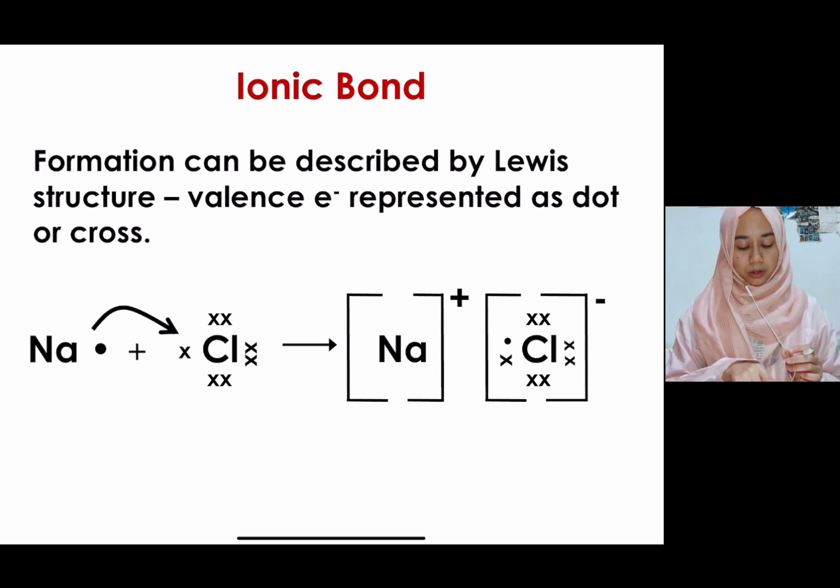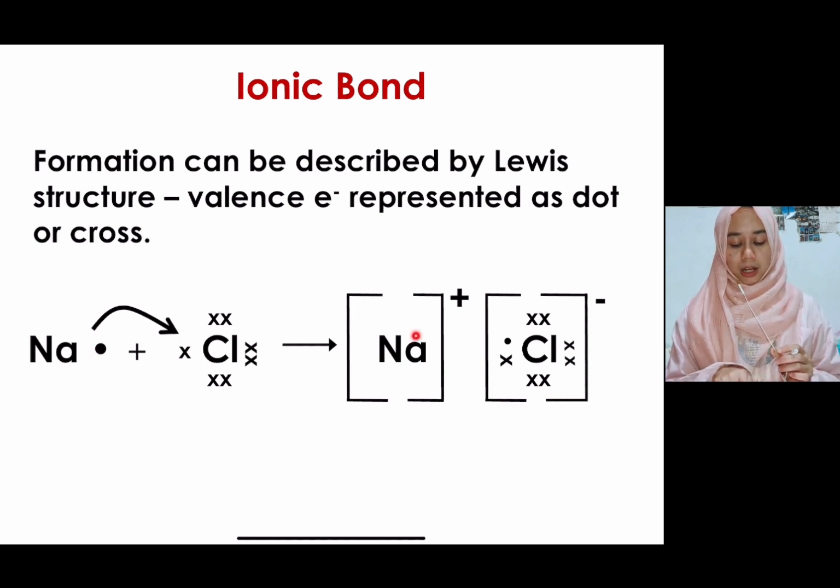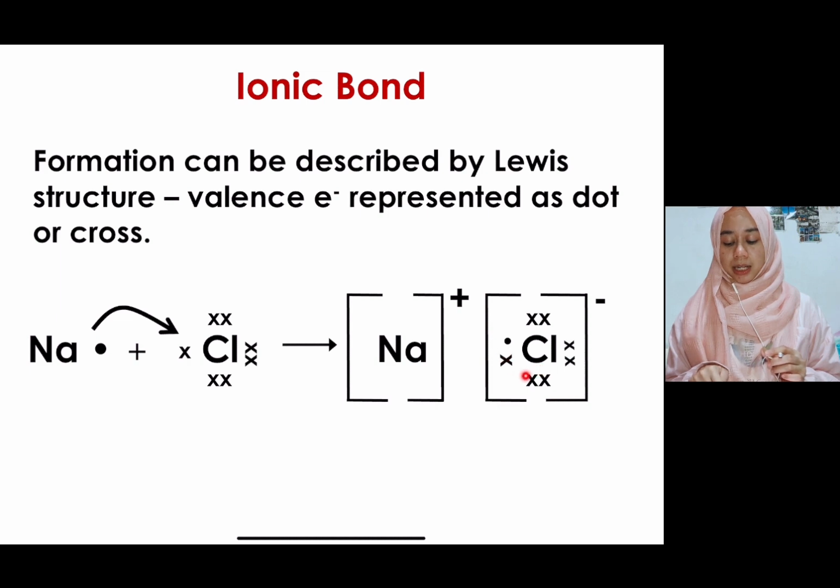Okay, so bila dia transfer, so sodium ni dia transfer satu elektron kepada Cl. So now Na dekat dia punya outermost shell dia kan dah tak ada elektron kan. Okay, so that's why kamu tak nampak any dots or crosses here. Whereas Cl pula tadi initially dia ada 7 sahaja dia punya valence electron, but now since dia gain satu elektron, so as you can see dia dah dapat 8 dekat sini.